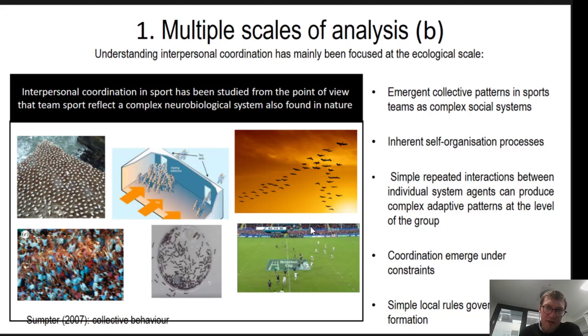And the very final example I'll give here is, let's look at this image of a football team. We can see that we've got an attacking team here, I believe, and we have a defensive team, the team in black, and we have this sort of natural pattern that emerges, right?